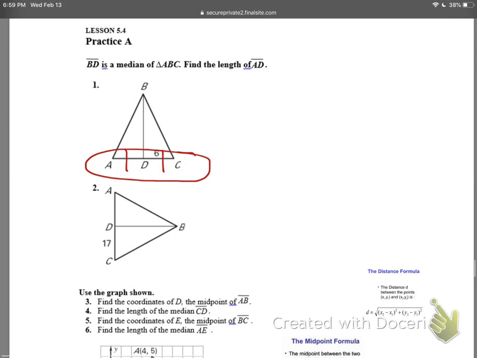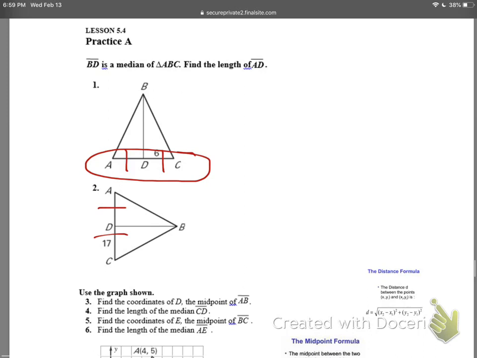Same situation for the next problem. BD is the median. If the median comes down and divides this segment in half, it means that each of those segments are equal. You should be able to find out the value for AD. Okay, the next ones with the graphs are more complicated.